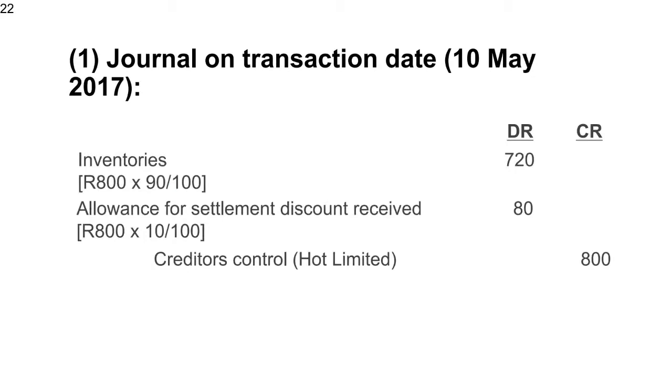That's what we can see here. The inventory is debited, which means it's increased, and it's increased for an amount less the discount, so for 90%. We've then got the discount received, which is now here, right? At 80. This is a negative liability. Remember the last one we looked at was a negative asset. This is a negative liability, right? So it works in the opposite way of a liability, but when we present it on the balance sheet, it has to net off against the liability.